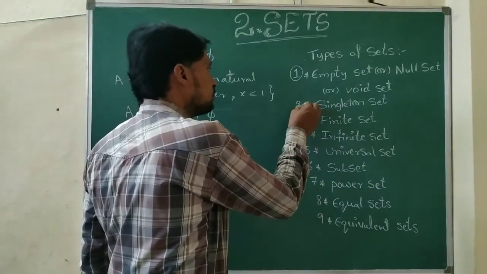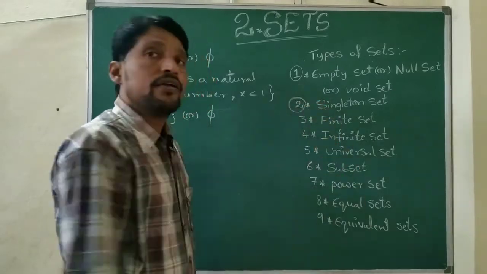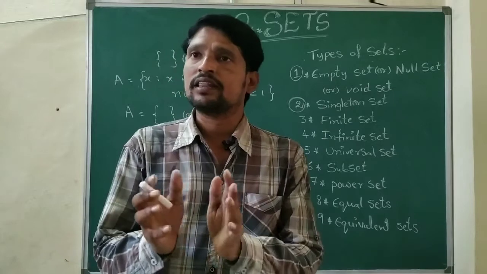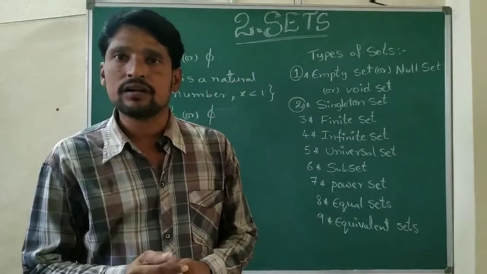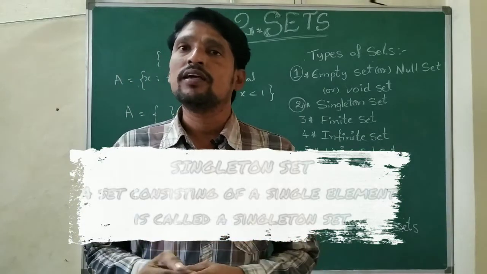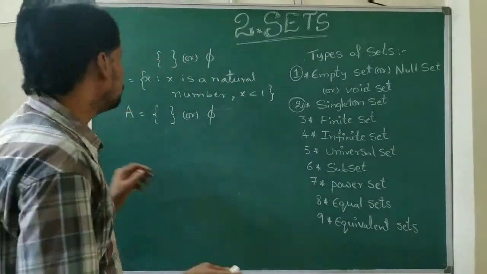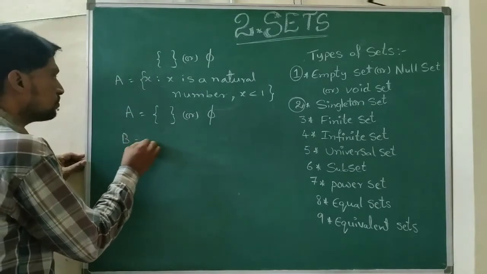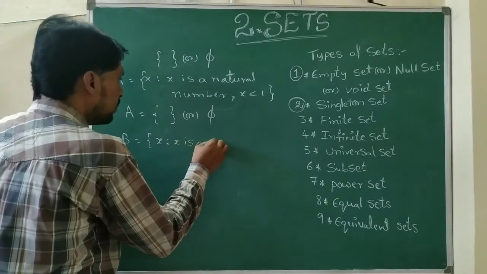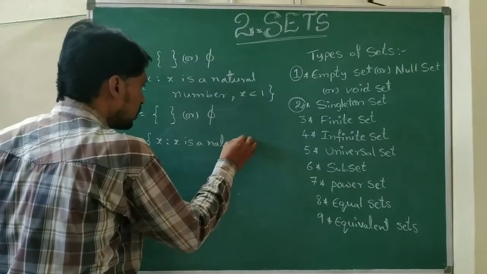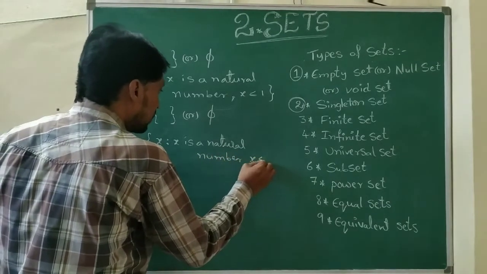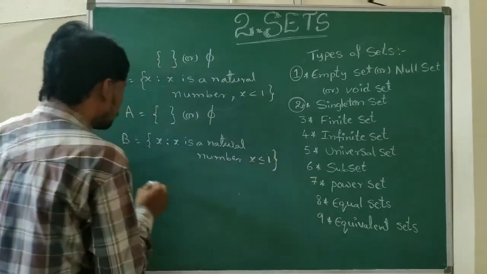Now the second one, singleton set. What is a singleton set? A set consisting of only a single element, that is, one element, is called a singleton set. Example, B equals x such that x is a natural number, x less than or equal to 1.